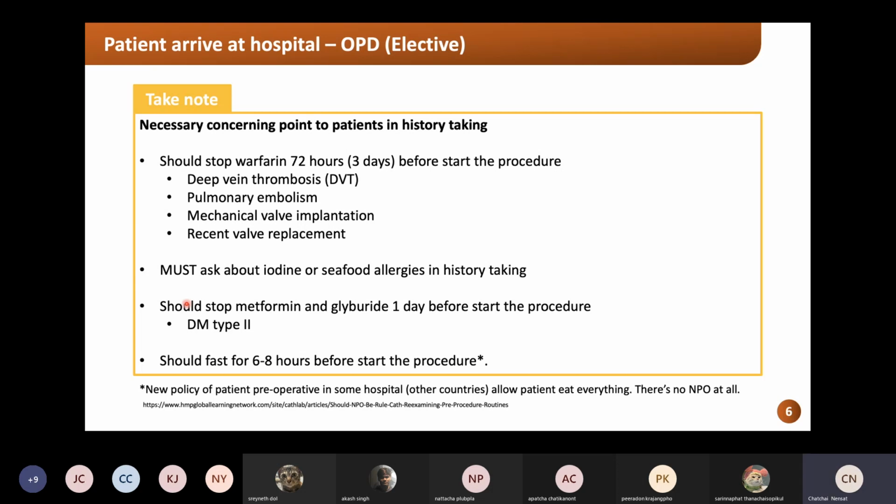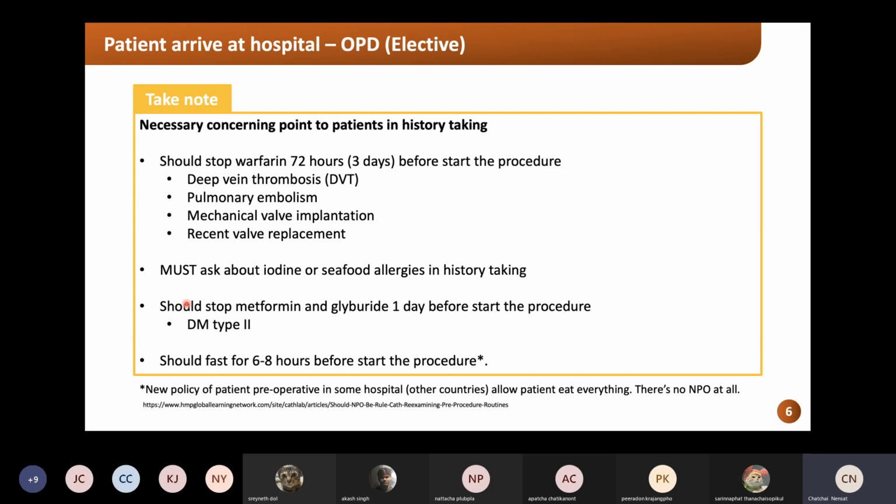So in those patients, we'll have the warfarin taking. So when you see the medical condition of this patient, or the disease in the patient's background, you can look at the OPD card of the patient, to see if there is any medication the patient is taking, so you will find the warfarin on that.